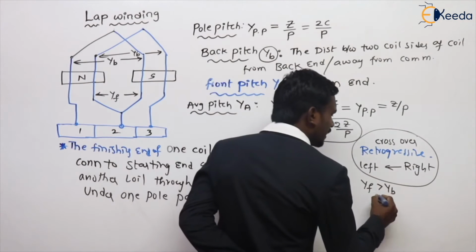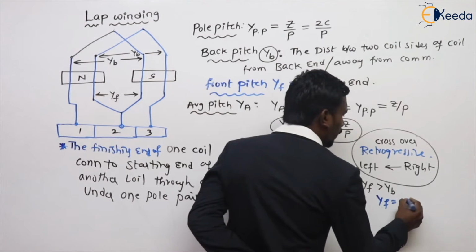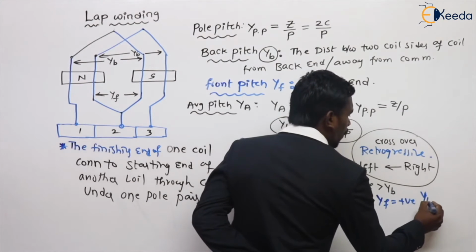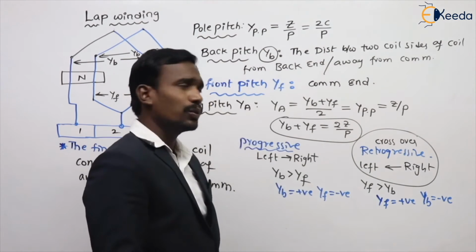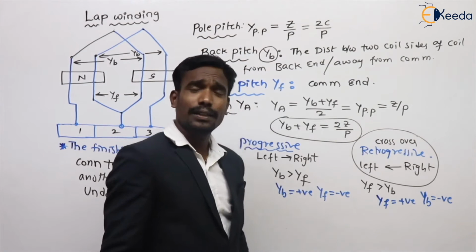In retrogressive, YF is positive and YB is negative. This is the progressive and retrogressive.